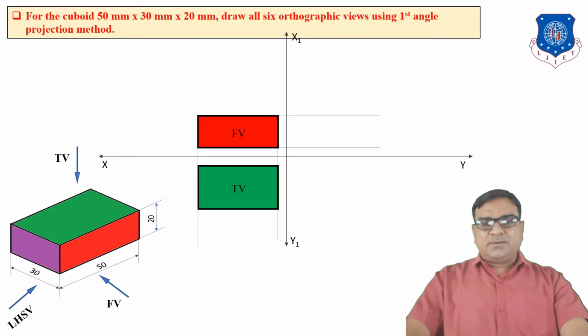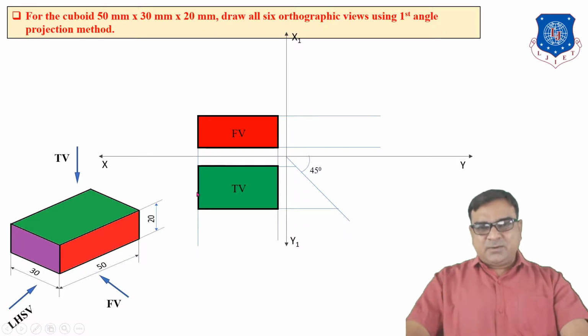Now once you draw the front view and top view, how can we find the side view? So for that, we have to take a 45-degree inclined line from the intersection of xy and x1 y1, from this point, and take the horizontal lines from top view up to this 45 degree.